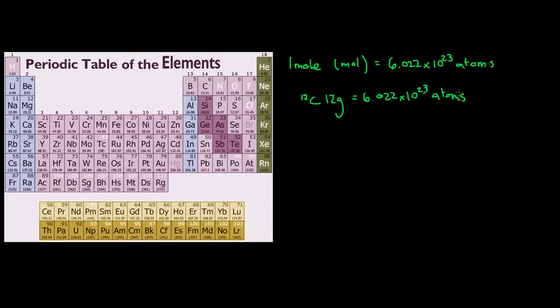Now, why they picked 12 grams will now become apparent. Because the one thing we do know about carbon-12 from the previous section is that they assigned it a mass, an atomic mass unit of 12.